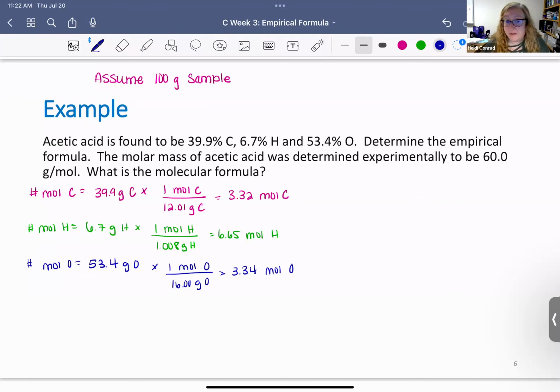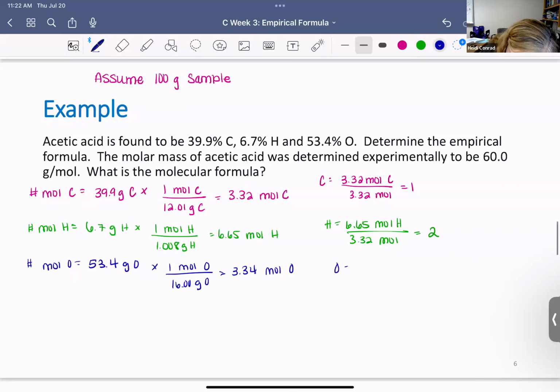So if I look at carbon, 3.32 moles of carbon. 3.32 is the smallest number, so that's going to give me a value of 1. I look at hydrogen, 6.65 moles of hydrogen to my 3.32 moles, my smallest number, gives me a value of 2. And oxygen, 3.34 moles of oxygen to my 3.32 moles.